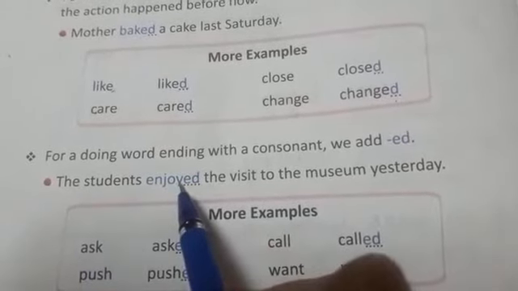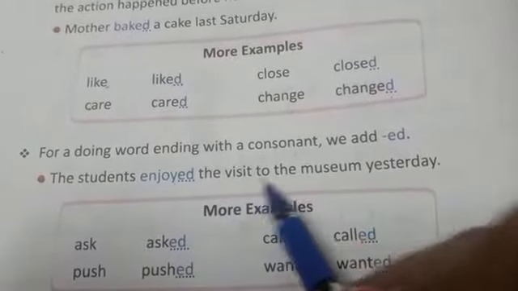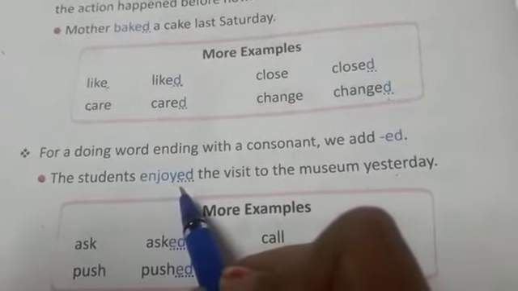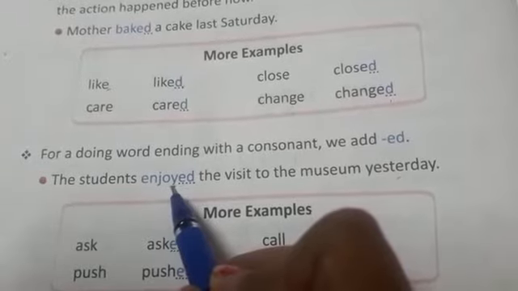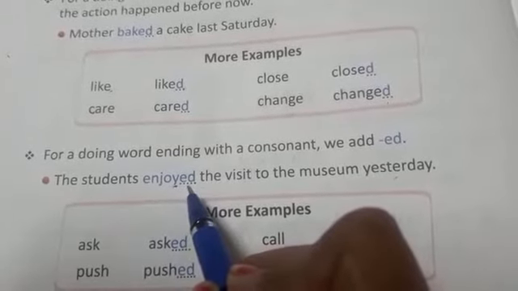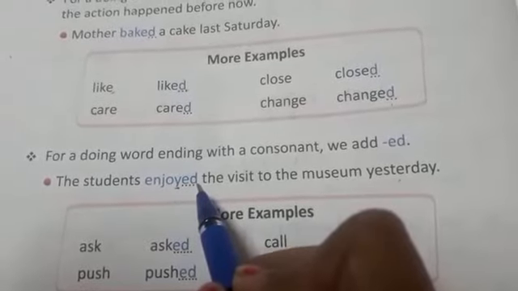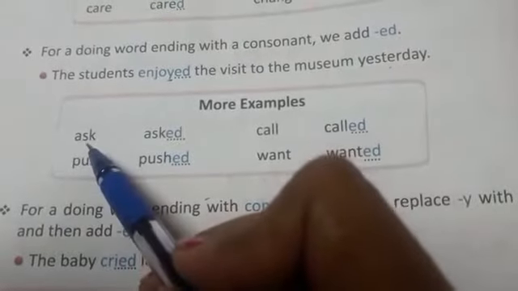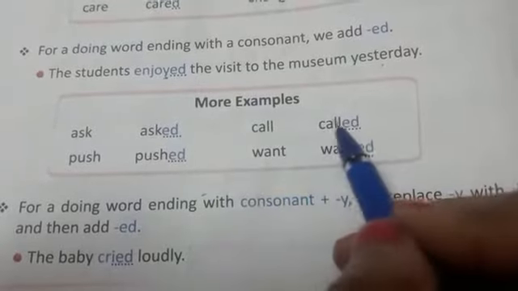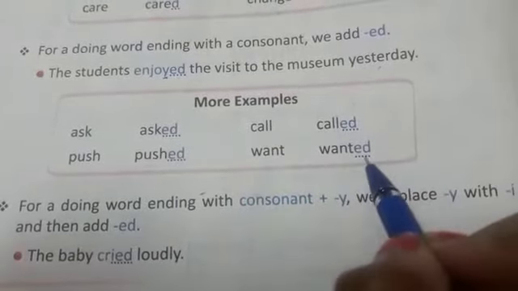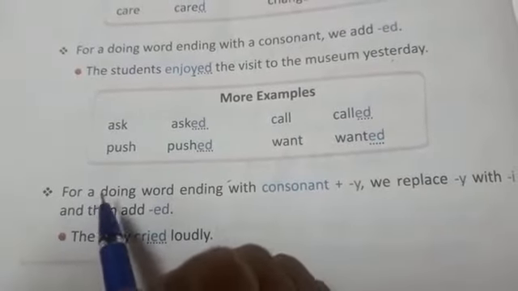The students enjoyed the visit to the museum yesterday. Now enjoy: y is the consonant, so at the end of that word we can add ed. Ask, asked. Call, called. Push, pushed. Want, wanted. Now we'll move to the next.